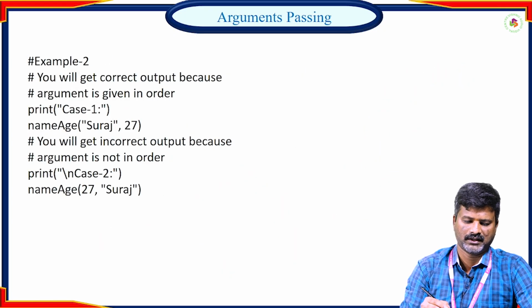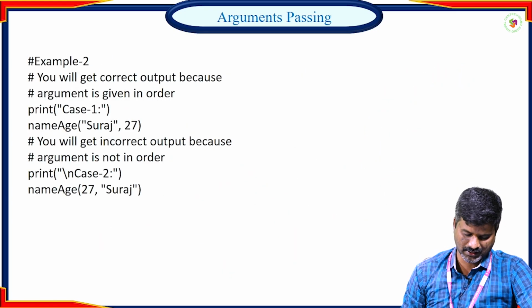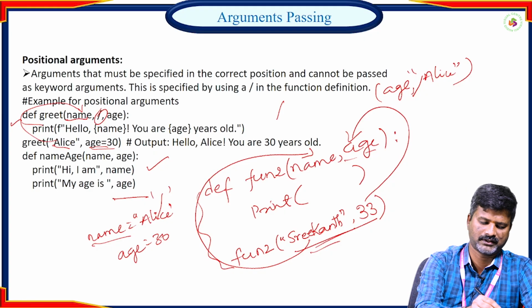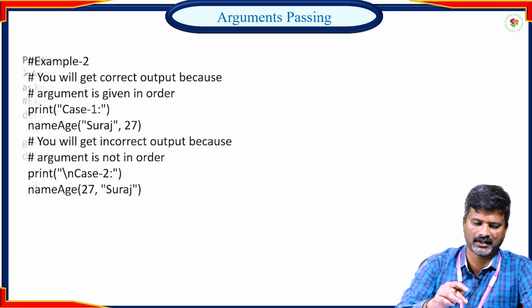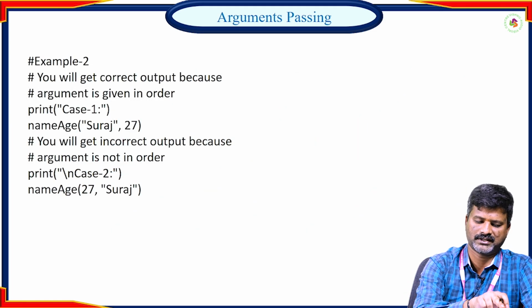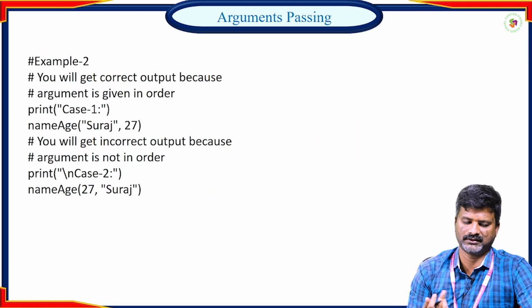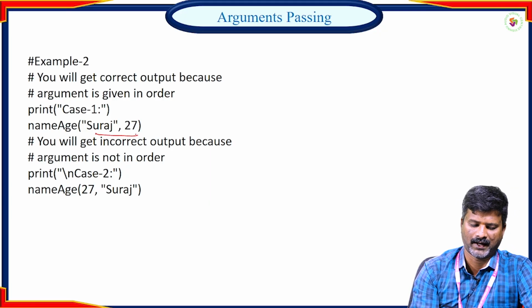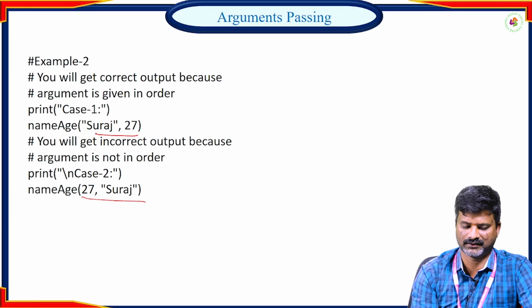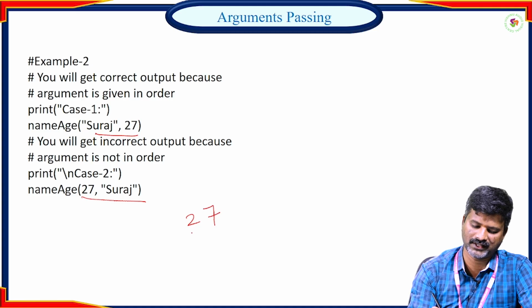And this is another example. If you observe this definition, I am taking name and age. In the first case, I pass Suraj and 27, name and age as per the order. So this is positional. Here we changed the order: 27 and Suraj.